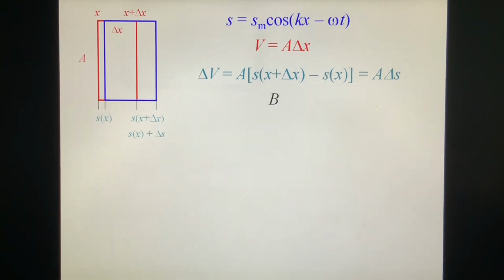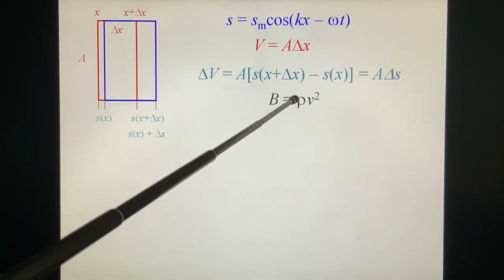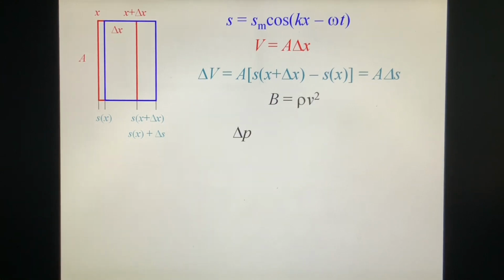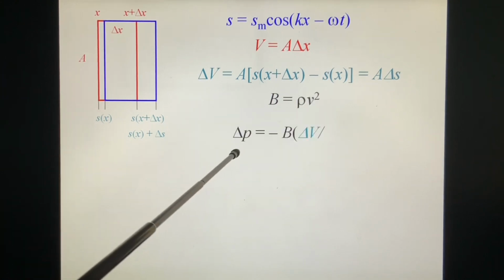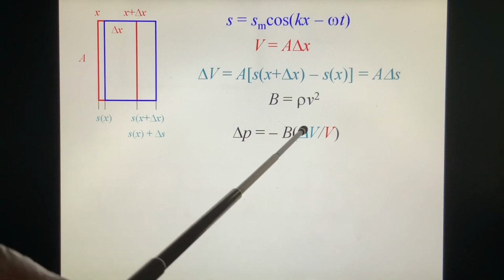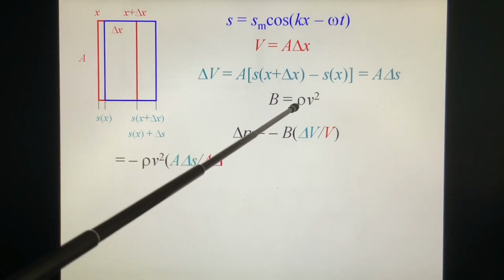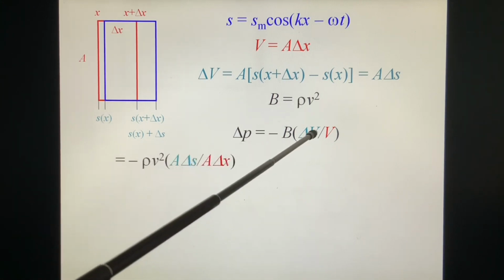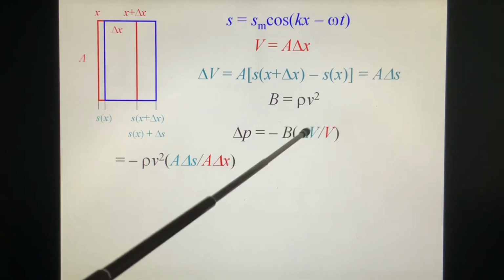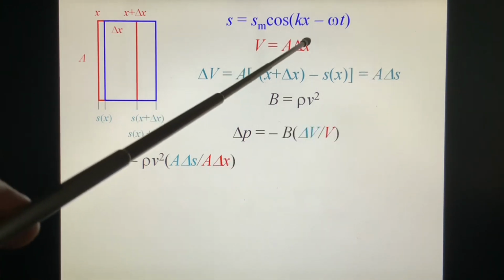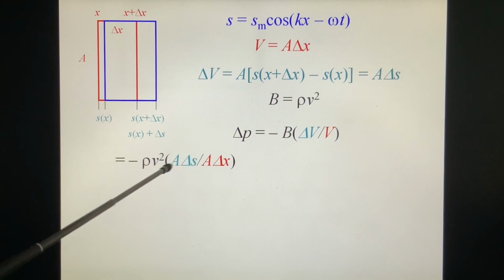And B we know equals rho v squared. Then we see delta p equals minus B delta V over V. This we learned: stress equals modulus times strain. So delta P equals minus rho v squared times delta V over V, where delta V is A delta S and V is A delta X. And A cancels out.